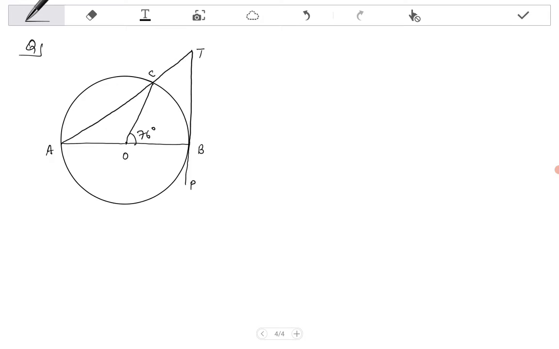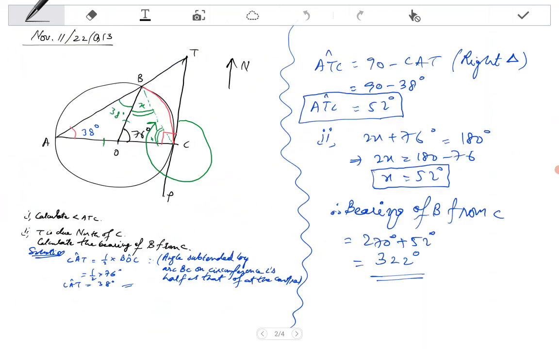Let me check the question again. This is November 11, variant 22, question number 13, where this angle is given. Actually, I nominated this as C, this as B, doesn't matter. We just have to solve this question. This is not direction.